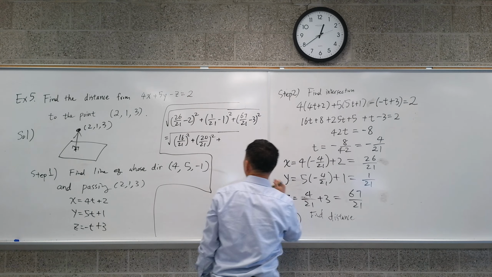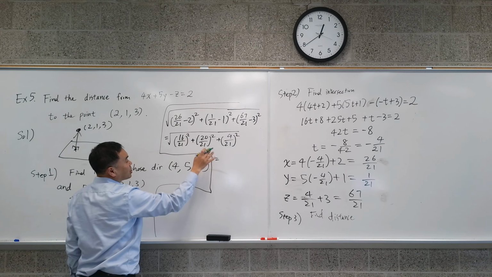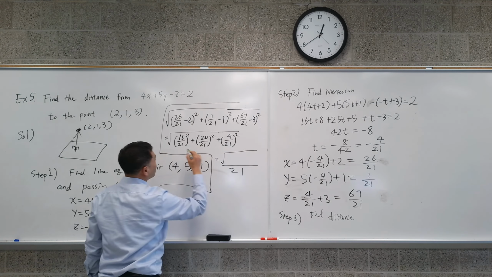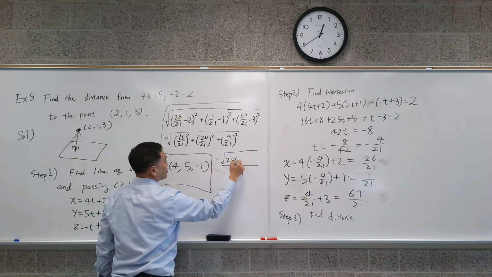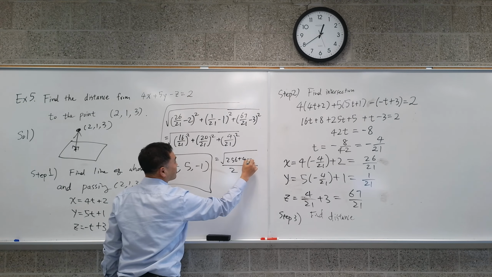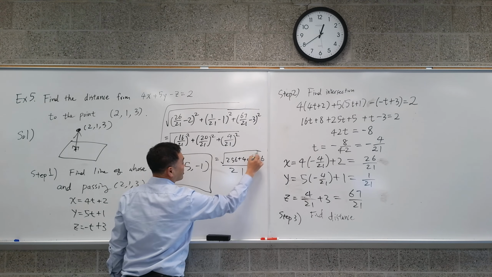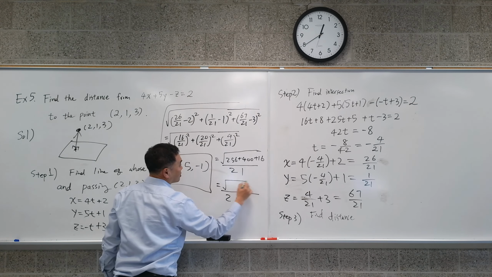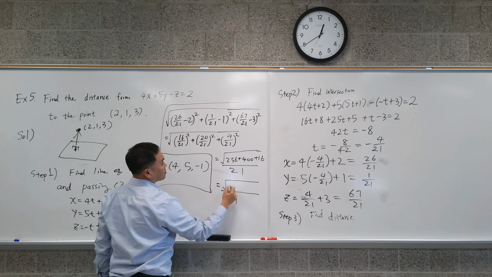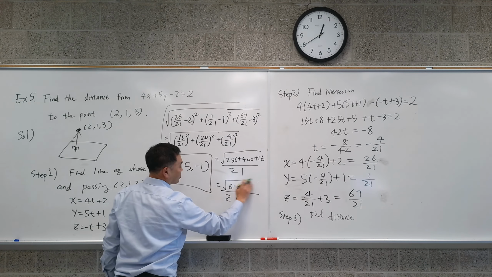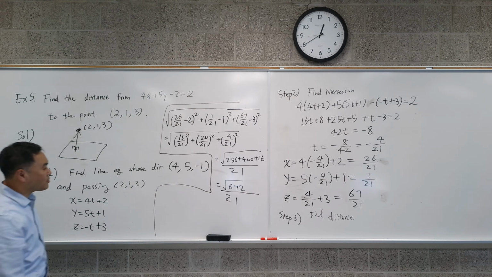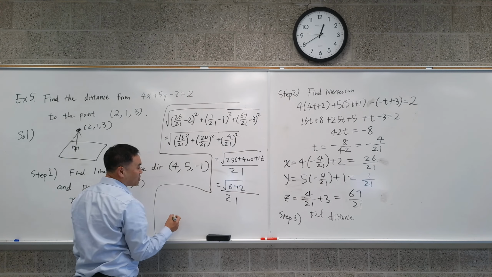And because 21 squared is common, I can bring it outside. And you get something huge. It's 256 plus 400 plus 16. And that's going to be 672. Okay, that's definitely divisible by 4.